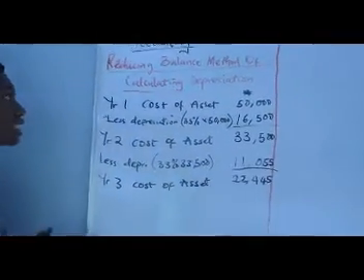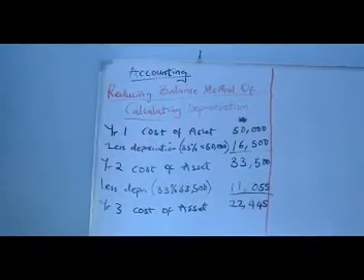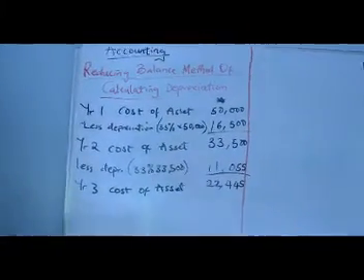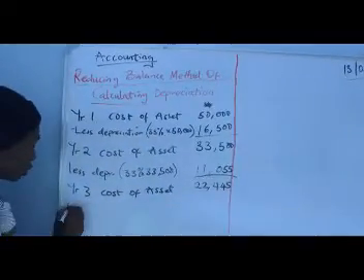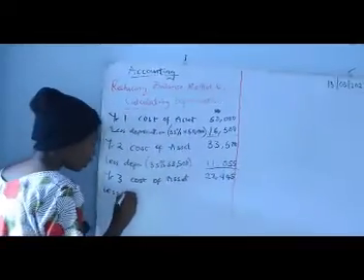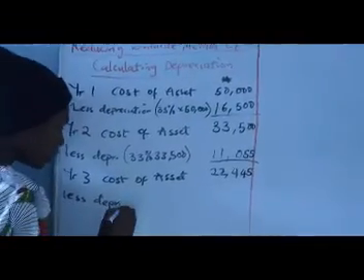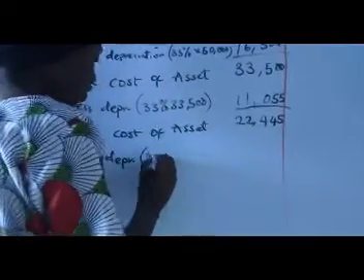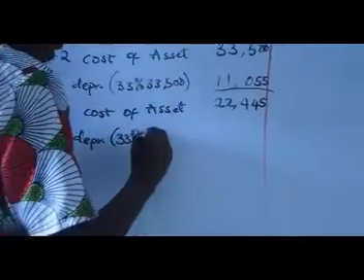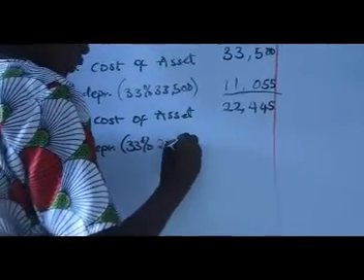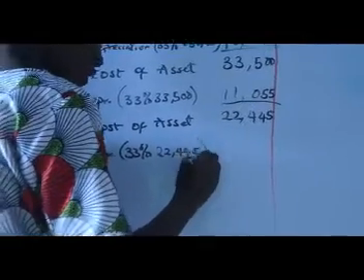Alright, usually our reducing balance method makes use of the old method of calculating depreciation. So this is our cost of asset for the third year. We'll still be working our depreciation for the third year, which is still 33%. The percentage remains the same. Our cost of asset for this year is 22,445 naira.